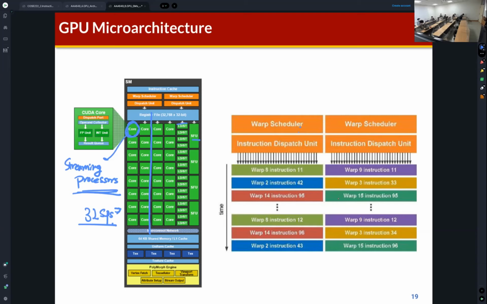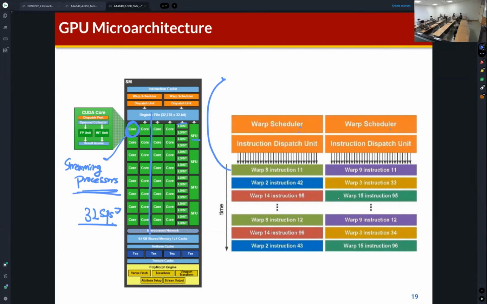What does ready mean? This warp shares the same instruction, like an instruction with R1, R2, R3, and ready means that the required operands are ready. So the instructions can be executed if the required operands are ready in the processor. There are multiple warp schedulers, which means that there are multiple warps.